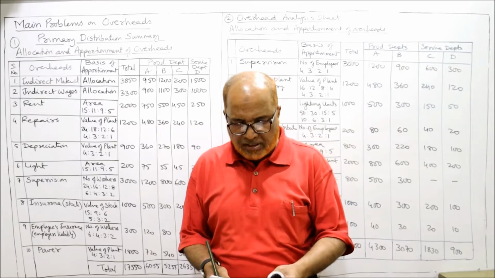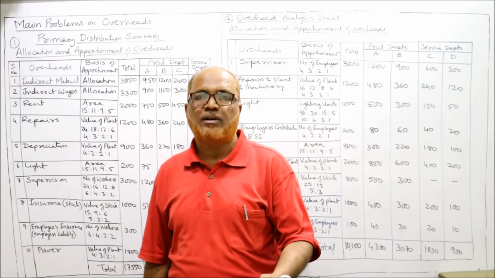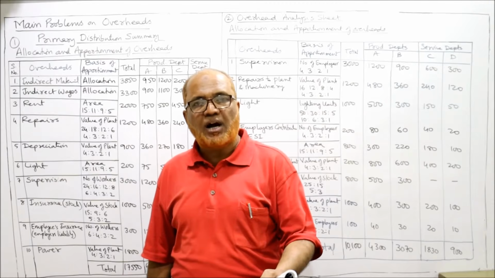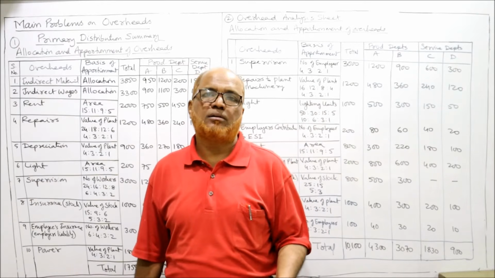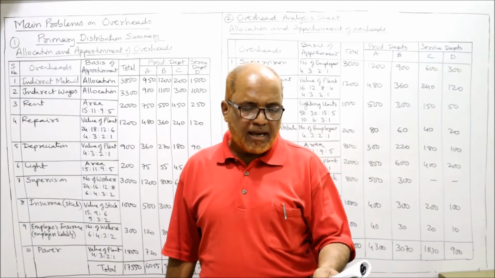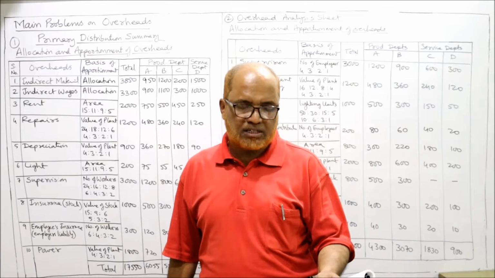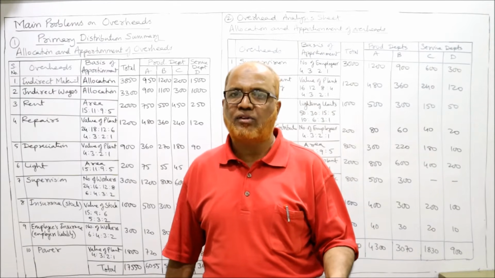The following data is also available in respect of the 4 departments. By using this information, we apportion the common cost. Area is given in square feet: 150, 110, 90 and 50.